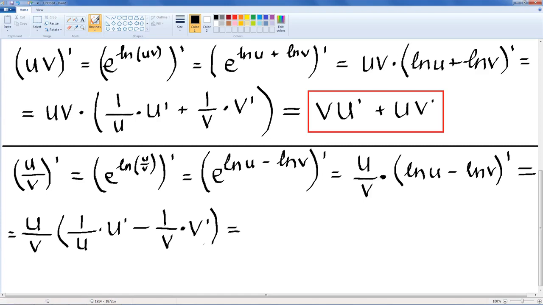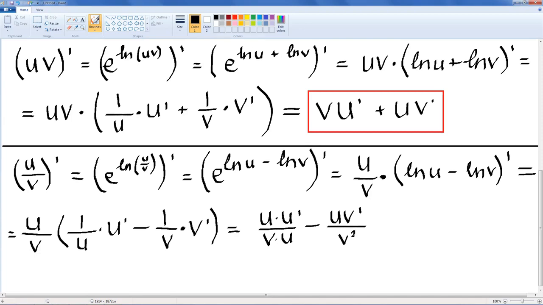Okay, and now if we factor that in, let's just write it. So u times u prime divided by v times u, minus uv prime divided by v squared.